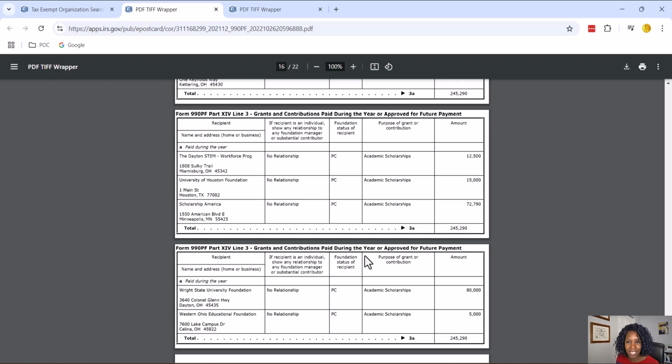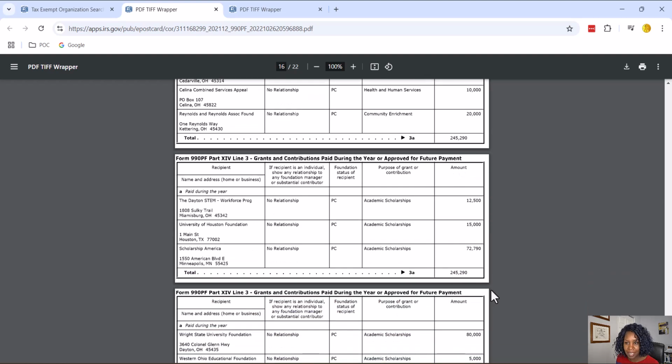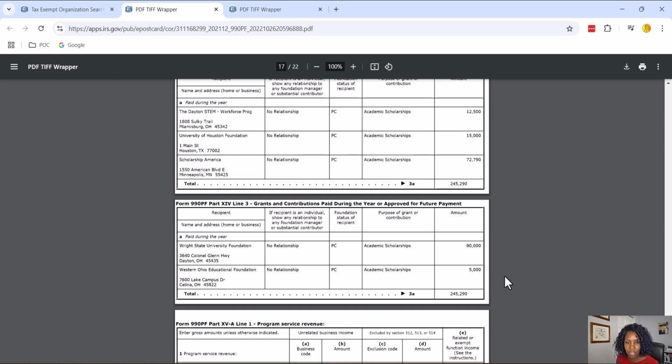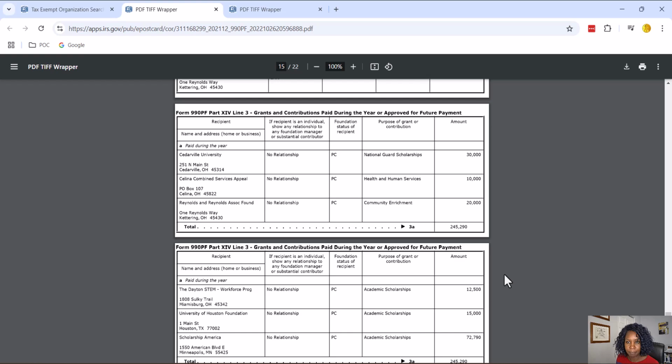And it looks like it's for academic scholarships. Again, educational type centers, universities. And if you look to the right, the amount will give you an idea of how much they funded these organizations for.